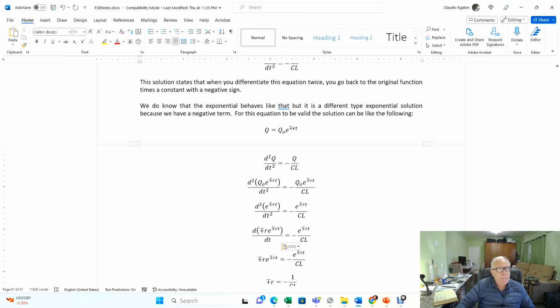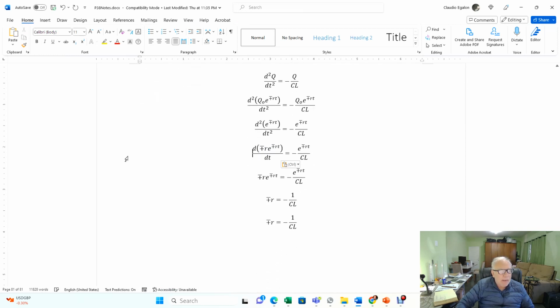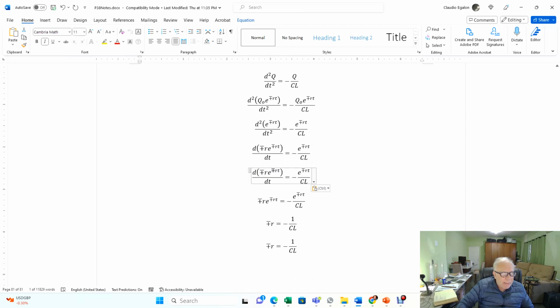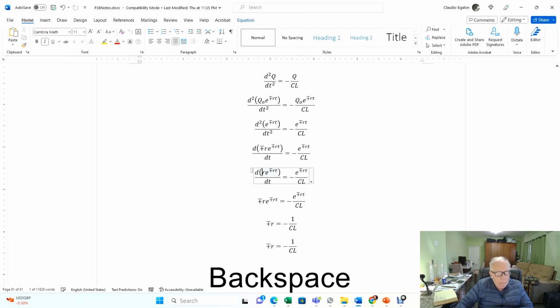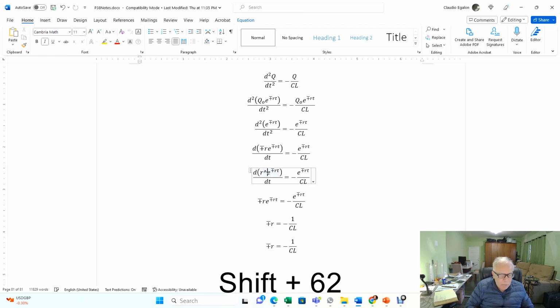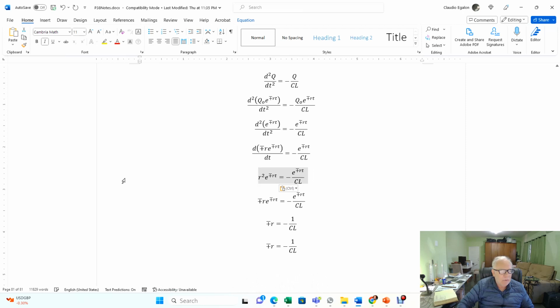Okay? We are going to differentiate it a second time. When you differentiate it a second time, the negative sign here multiplies the negative sign of this exponent and ends up disappearing, but we get an R squared now. That was what we got before when we forgot to differentiate a second time.